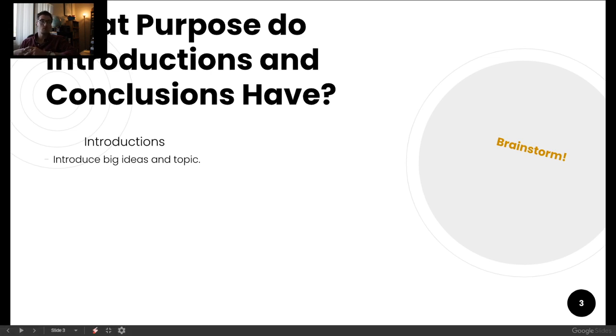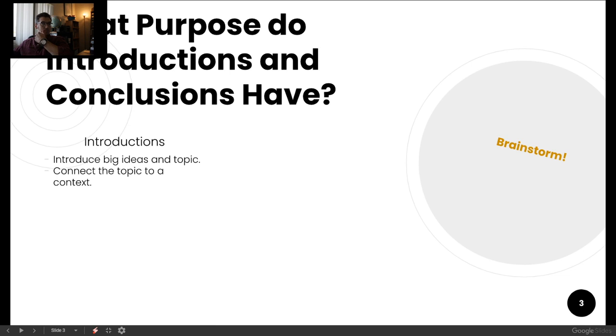So in order to clarify what exactly the reader is going to be reading, you need to give some kind of topic, and that's going to include big ideas, not super specific, but specific enough that now the reader knows what you're talking about. Once it becomes too specific, then it's going to get too wordy. And besides, that's what your paper is for, not the introduction.